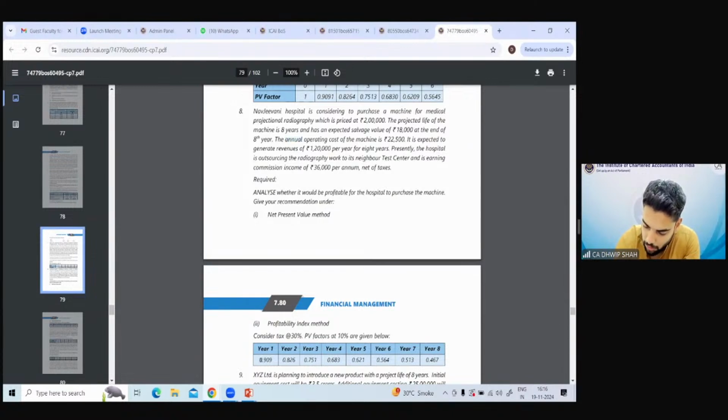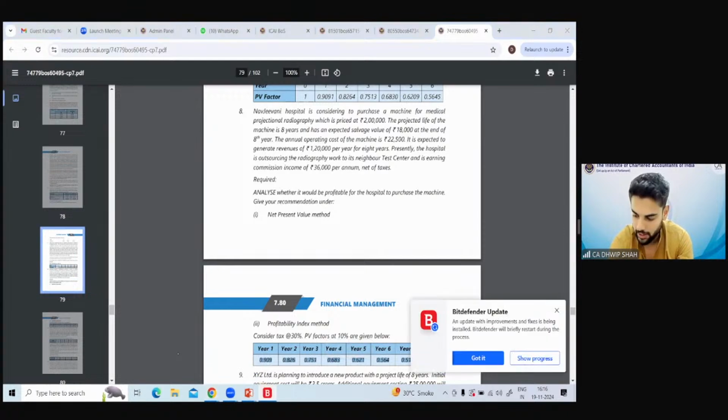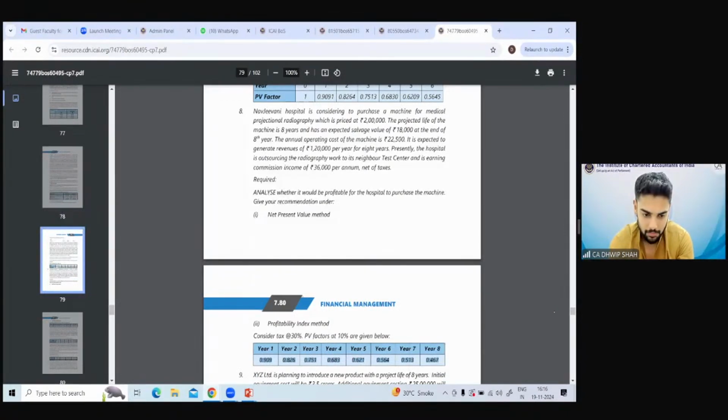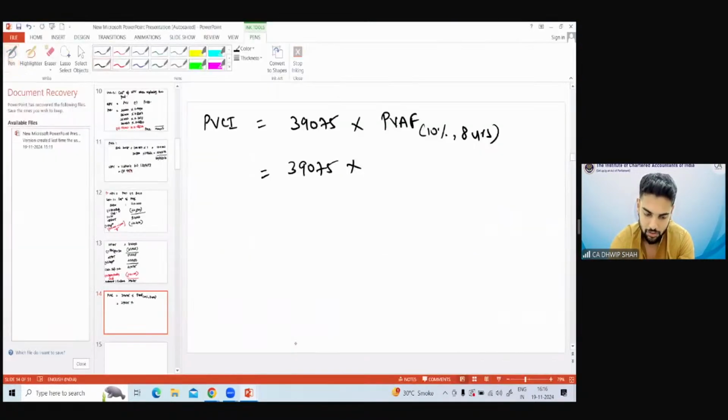PVAF is the cumulation of all the discounting factors for 8 years: 0.909 plus 0.826 plus 0.751 plus 0.683 plus 0.621 plus 0.564 plus 0.513 plus 0.467. So my PVAF factor comes to 5.334.